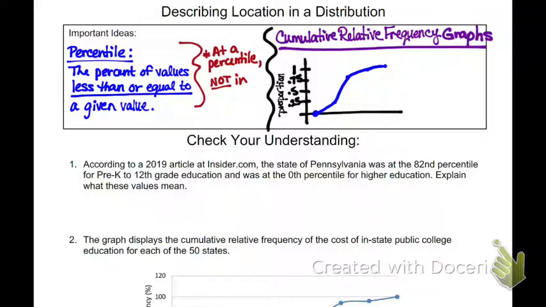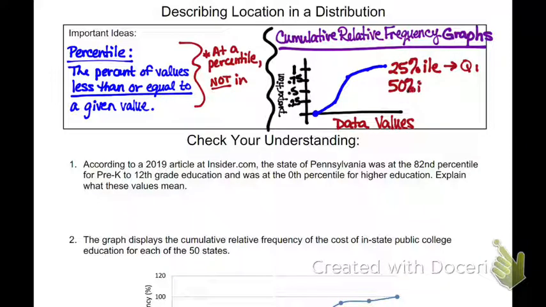Down at the bottom, I have my data values. If I use my cumulative relative frequency graph to estimate the 25th percentile, that is the same as Q1. 25% of my population is at or below this value.